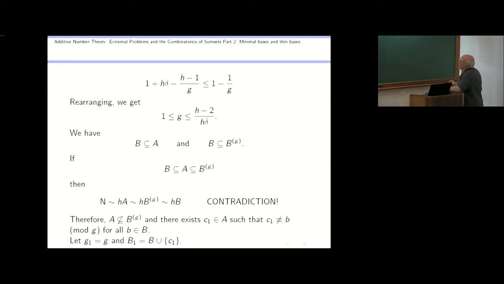So A cannot be contained in this union of congruence classes, which means that there's some element, let's call it C1 in A, which is not congruent modulo G to any element in B. So let's just call this modulus G, G1. And let's take a new set B1, which is just the original set B with this one element C1 added.